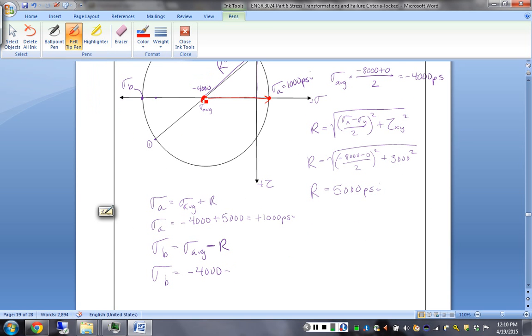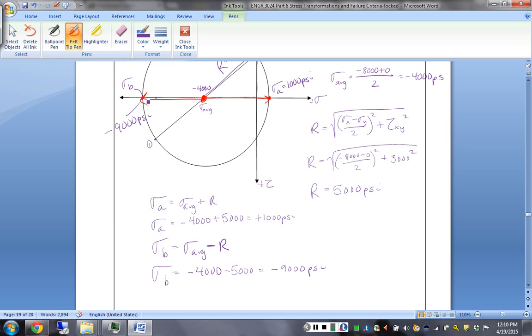So from here, our anchor point at minus 4,000, in the negative direction by 5,000, takes us to minus 9,000, which is our second principal stress.